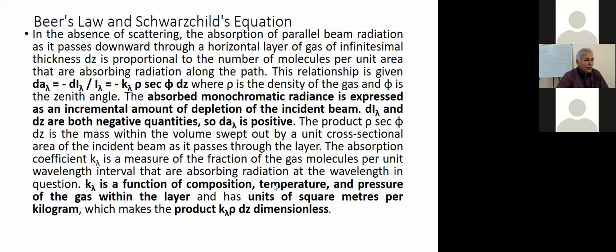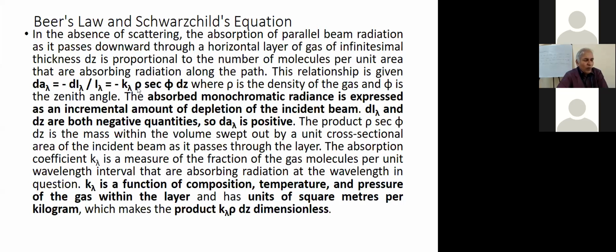Absorption coefficient is a function of the composition and nature of the absorbing gas, the temperature and pressure, and has units of square meters per kilogram. So this entire product basically becomes dimensionless. Secant phi has no dimension, and K lambda rho dz is dimensionless.